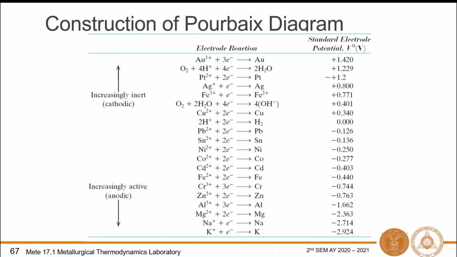If we use the standard tables, you will see something that looks like this. This table is the standard electrode potential, and this V naught here is the same as E naught; sometimes it's known as E naught or V naught. Again, these electrode reactions are measured against the standard hydrogen electrode, which has a value of 0.